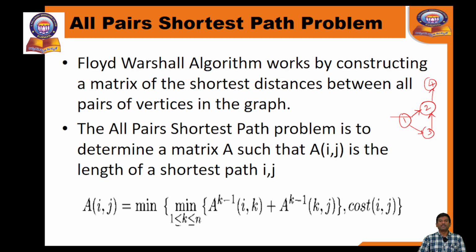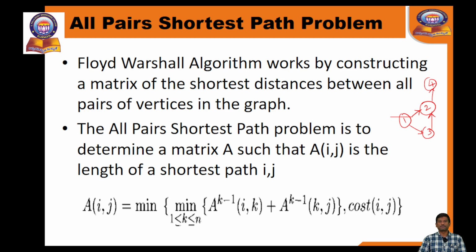Here i and j indicate the vertices, like 1 to 2, where i is equal to 1 and j is equal to 2. Then you need to find the cost of A of 1 comma 1, A of 1 comma 2, A of 1 comma 3, A of 1 comma 4, and so on. Those are the values for the vertices.